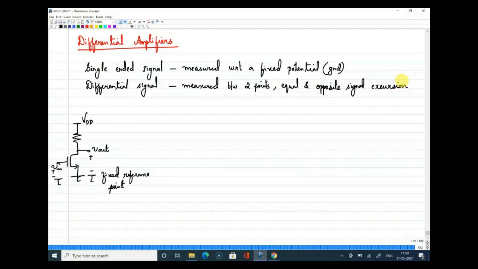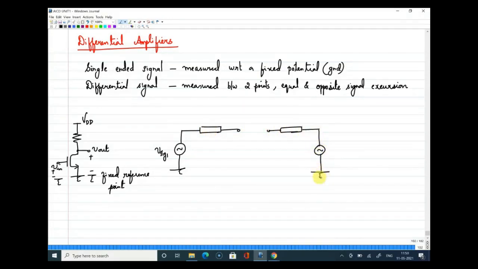Let us see what a differential signal is. Say I have connected a source here, and I call this V signal 1, with a specific impedance. Consider that this is the source impedance Z, and I am considering one more source on the other side, V signal 2. I'll talk about impedance a little later.